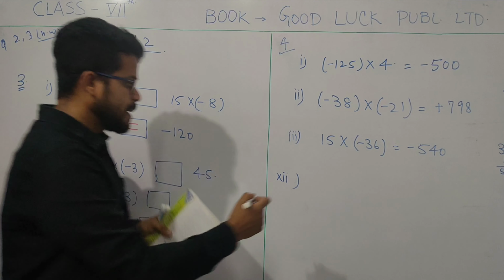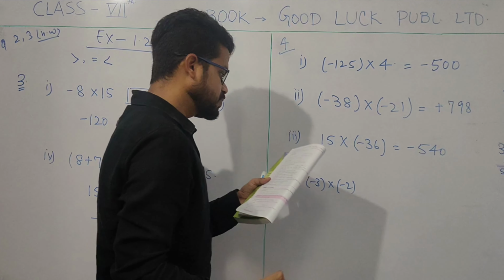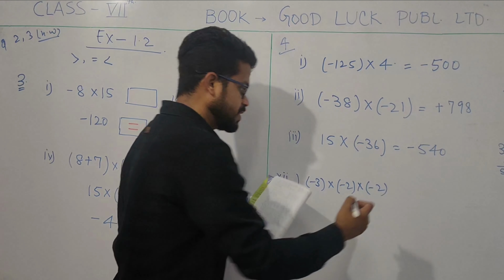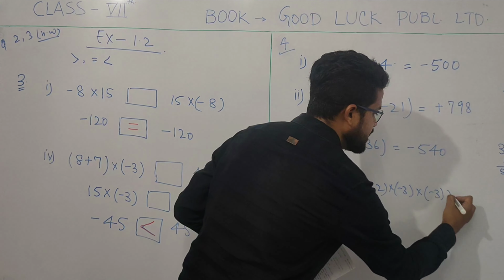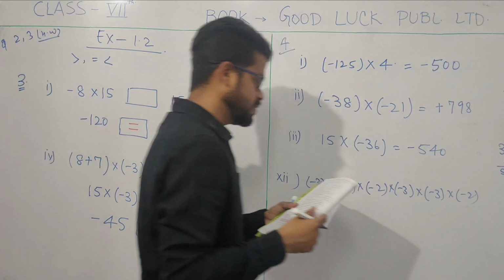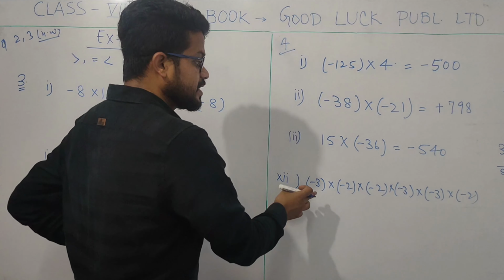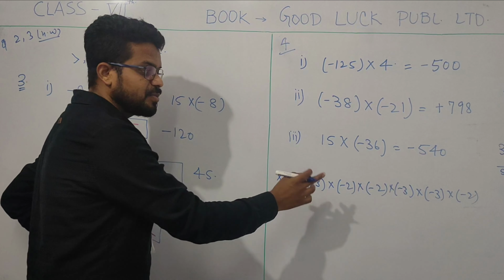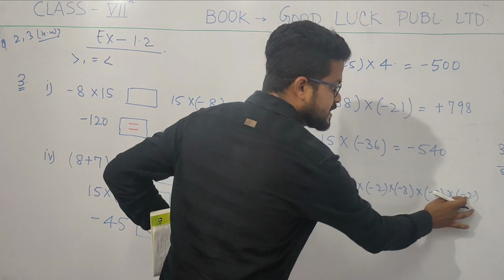Question number 12. Minus 3 into minus 2 into minus 2 into minus 3 into minus 3 into minus 2 into minus 2. So firstly, just count how many times the negative sign is here. This is 1, 2, 3, 4, 5, 6.